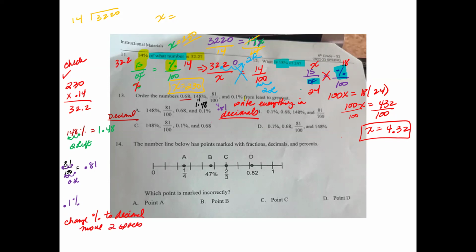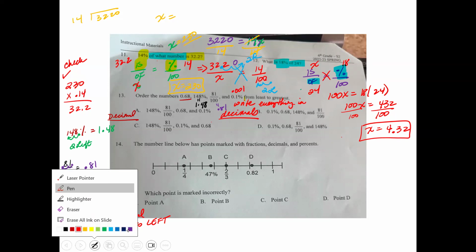What did you do with 148%? Did you move to the right or the left? Yeah, this is done to confuse you. So you have to move 2 spaces to the left. Are you ready? 1, 2, which means it's equal to 0.001. You see that? So that is 0.001. So here are your numbers, okay? Which one do you think is the smallest number?